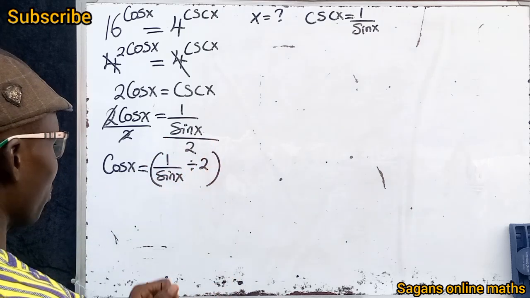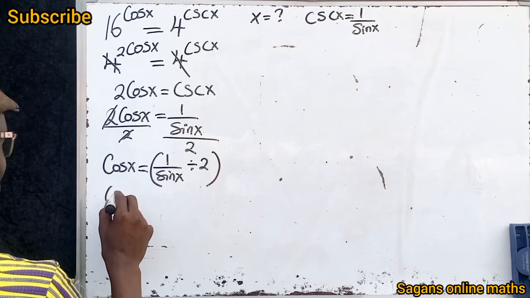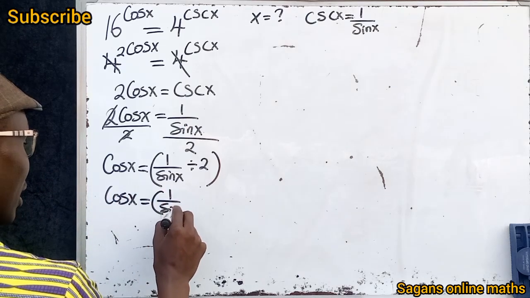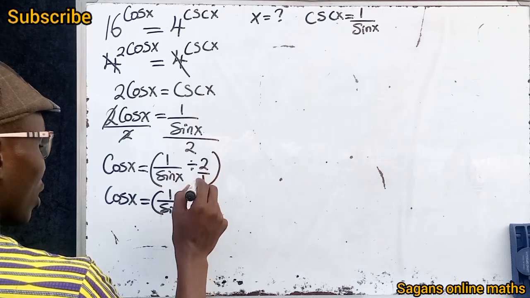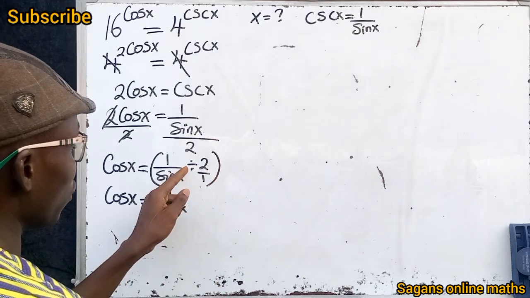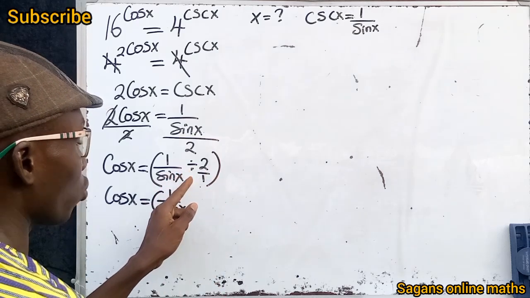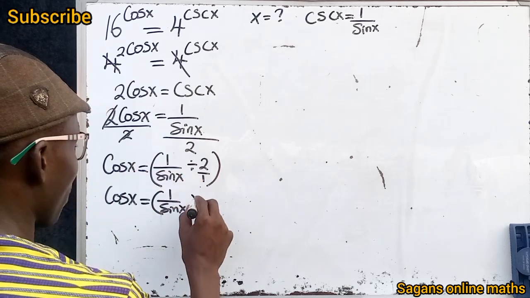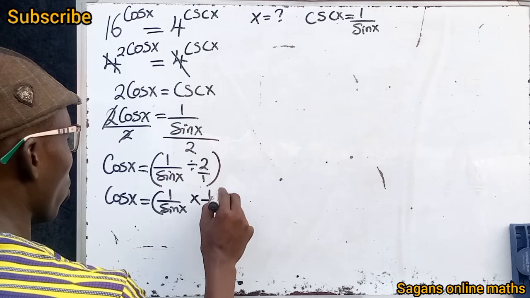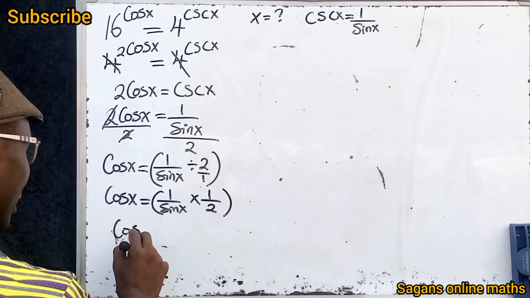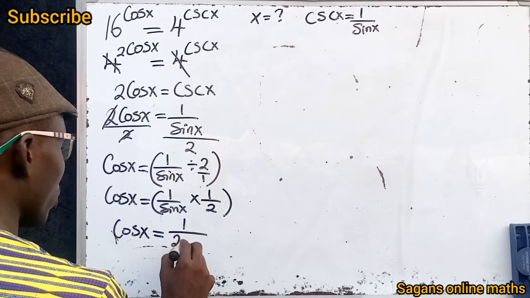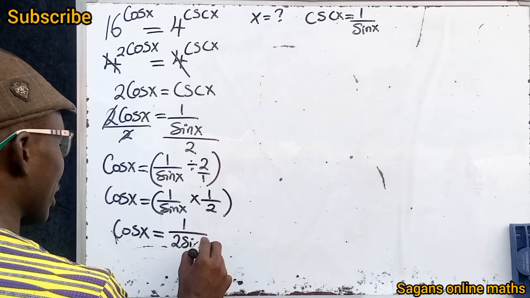The denominator here is 1, so we want to change this division sign to multiplication. We bring up our denominator and bring down our numerator, so multiply by 1 over 2. So now cos x is equal to 1 over 2 sine x.